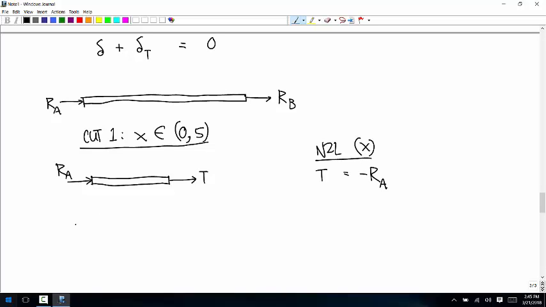So the total elongation, just due to those reaction loads, is equal to negative RA times the length of 5 divided by the Young's modulus for steel, 200 times 10 to the 9, times 5, times the area is 0.01.